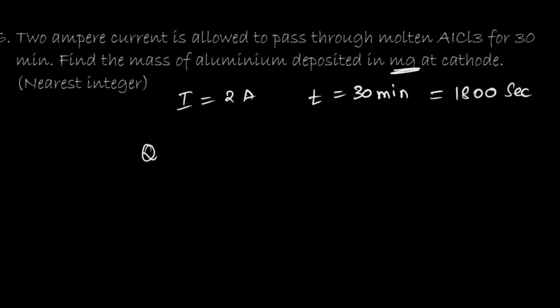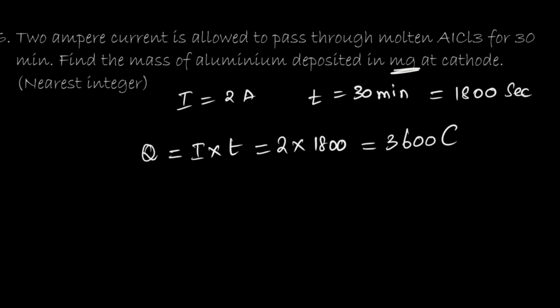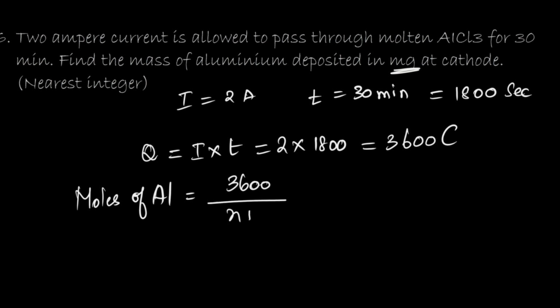So we know that Q is the total charge, which becomes I into t, 2 into 1800, which will give you 3600 coulombs. So finding moles of aluminium, Q by nF. Aluminium is in the 3 plus state, so n becomes 3, and then the F value 96,500.